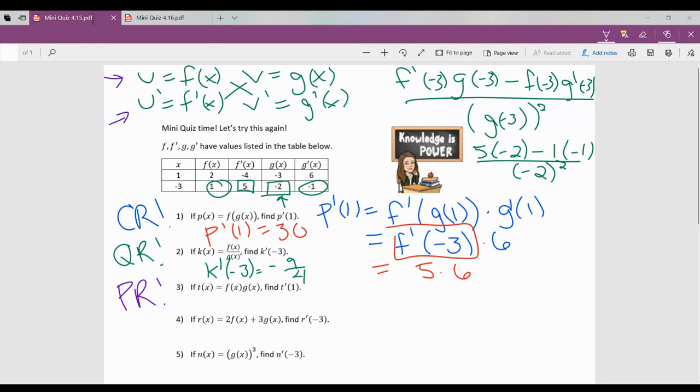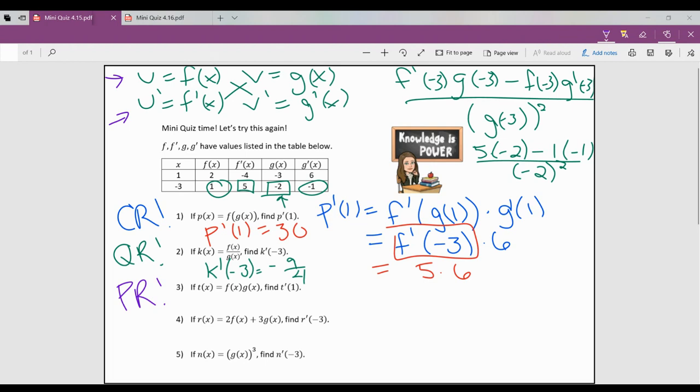So this time, t prime, because we're doing the derivative, equals u prime v, f prime of x, g of x, plus, since it's product rule this time, u v prime, f of x, g prime of x.